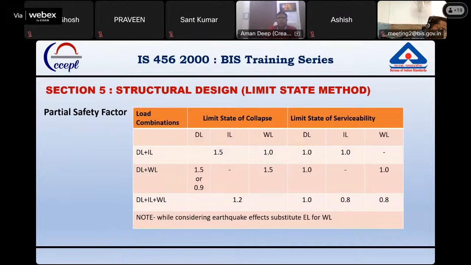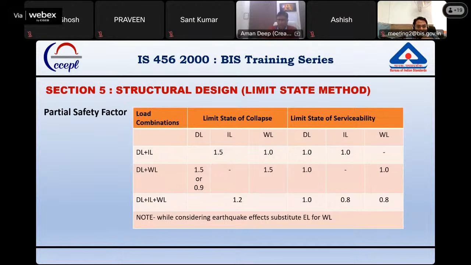Similarly, for dead load plus wind load, if the dead load is stabilizing, then we consider 0.9. And if the dead load is not a stabilizing force or moment, then we can consider 1.5 times dead load and 1.5 times wind load during the analysis for collapse.